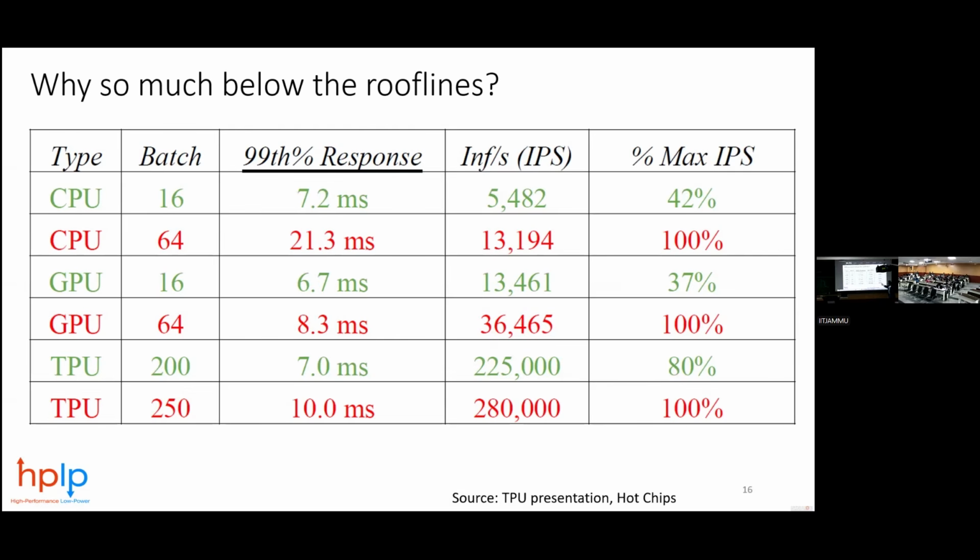But the point is that if you look at the 80%, the distribution is very skewed between TPU and GPU, because the GPU has a relatively long tail in the distribution. This looks pretty good, but to get 7 milliseconds, just 1/3 of them meet that.